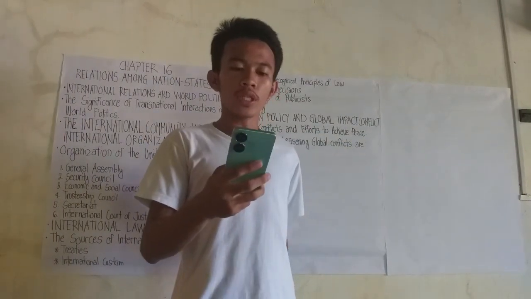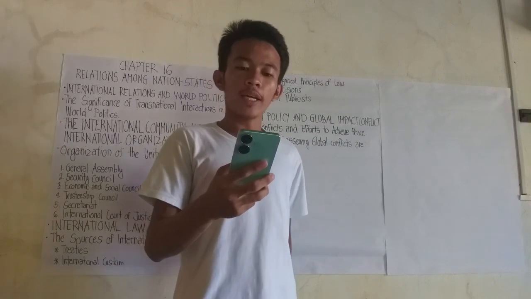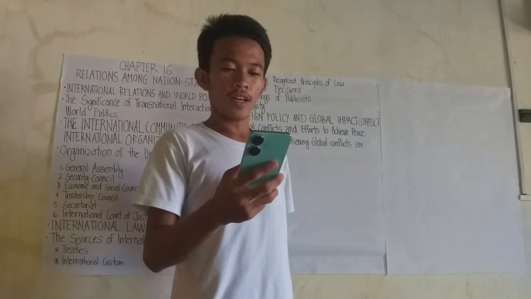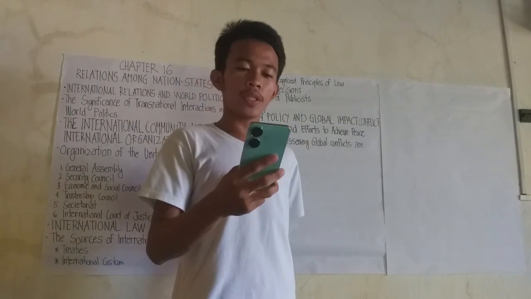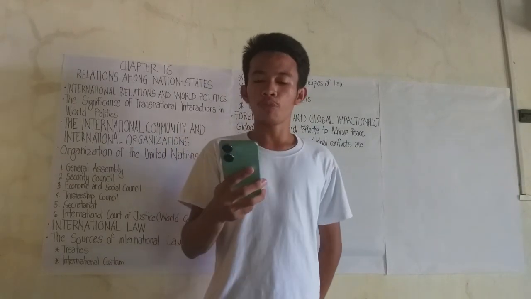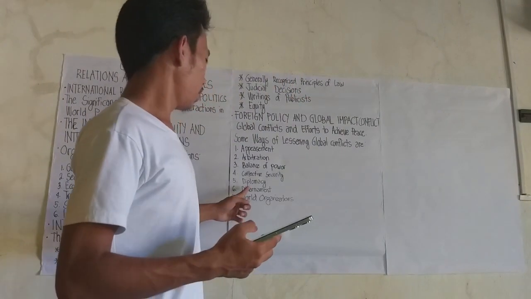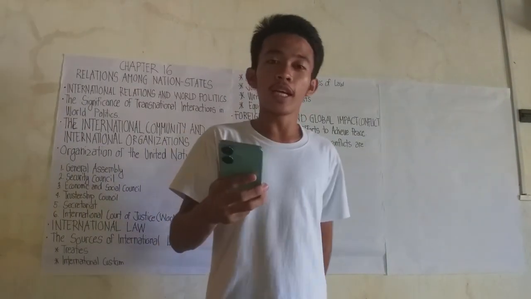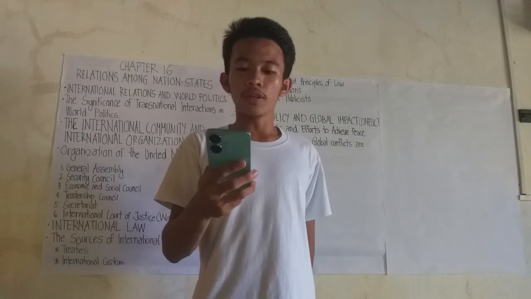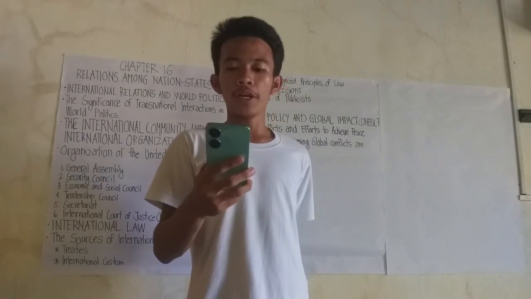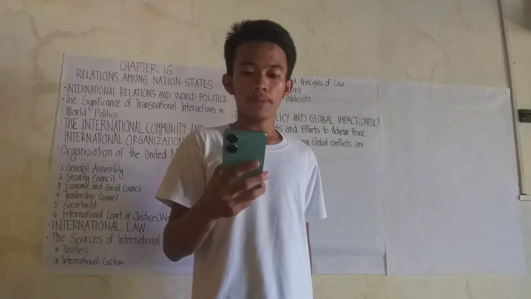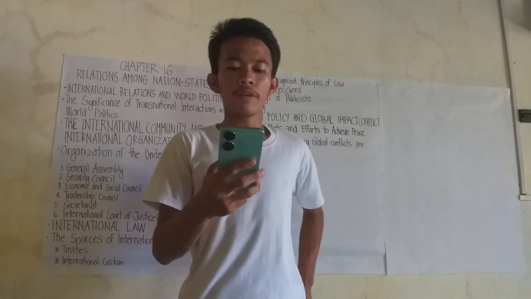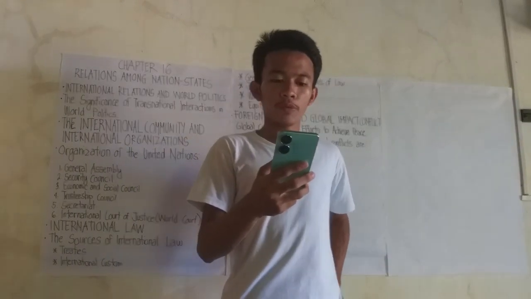Collective security is a concept in international relations that aims to maintain peace and security by establishing a collective response to aggression or threats against any member of a group or organization. Then, next is diplomacy. Diplomacy is the practice of conducting negotiations, dialogue, and communication between nations or other actors in international relations. It is a key tool for managing conflicts, promoting cooperation, and advancing national interests through peaceful means.